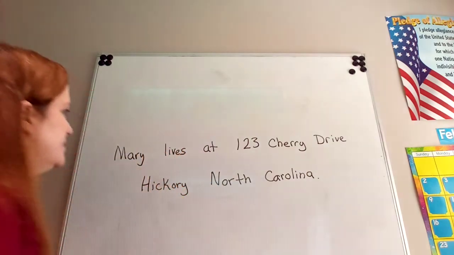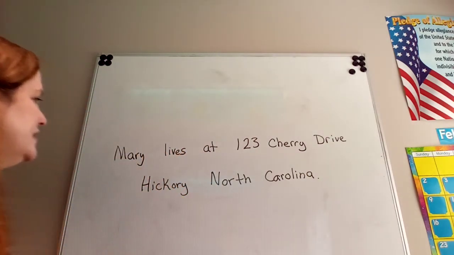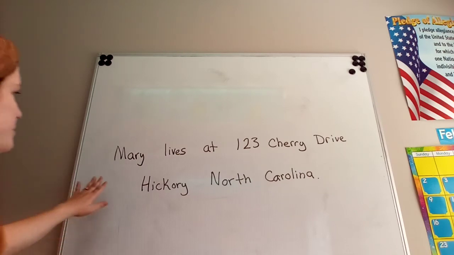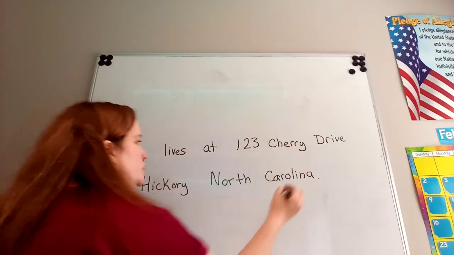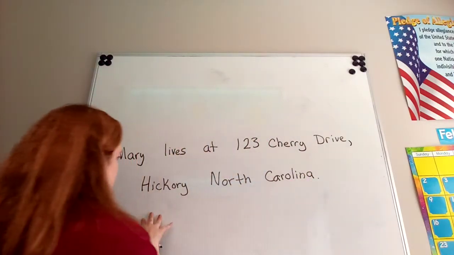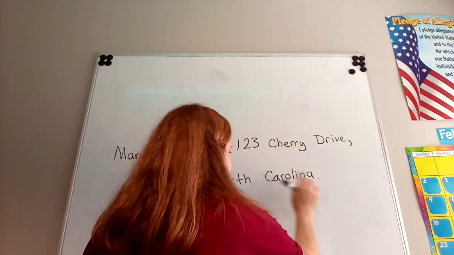So we can't just leave it like this. We have to separate the street, the city, and the state. So Mary lives at 123 Cherry Drive. You would put a comma, Hickory, comma, North Carolina.